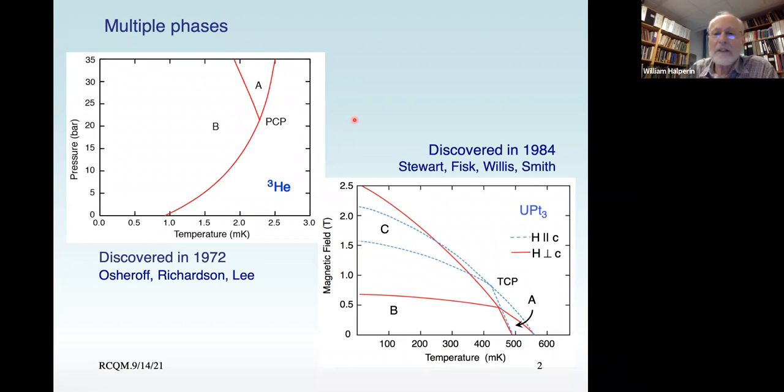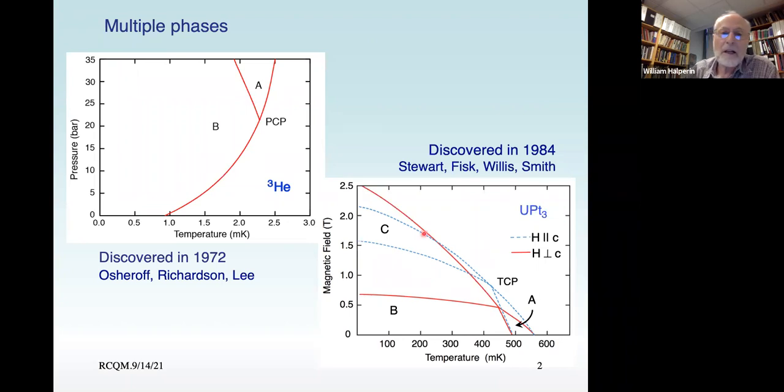Both have multiple phases, and that has a commonality in their quantum mechanical behavior. Helium-3 was discovered in 1972, now almost 50 years ago, and uranium platinum-3 in 1984 at Los Alamos by Greg Stewart and colleagues. The work that has followed on uranium platinum-3 has not been exactly parallel, but what we've discovered is that the multiple phases of helium-3 and of uranium platinum-3 have some commonality.